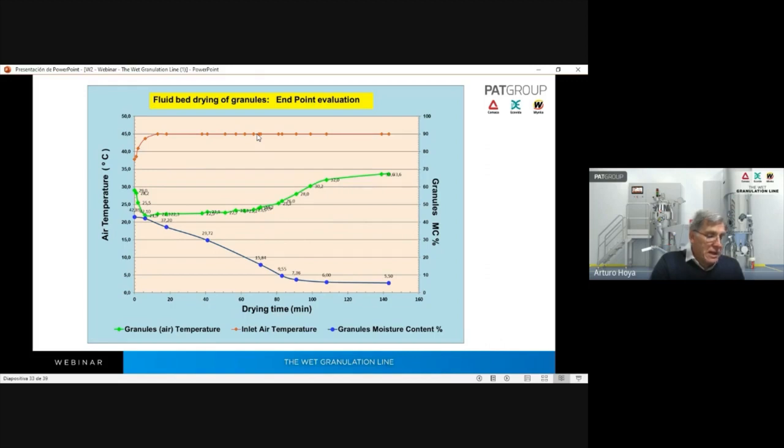And this is the evolution in green of the temperature of the granule. This is the flat period, the equilibrium temperature during which the vast majority of the solvent is evaporated.